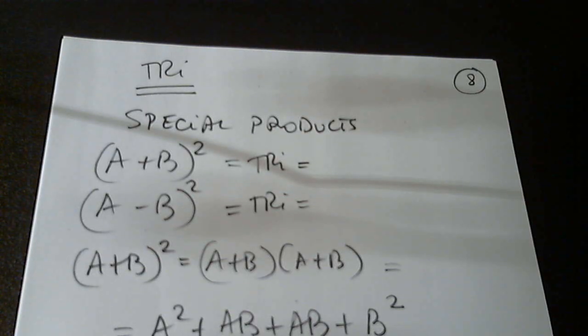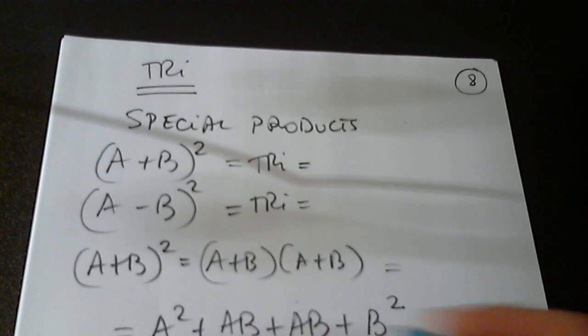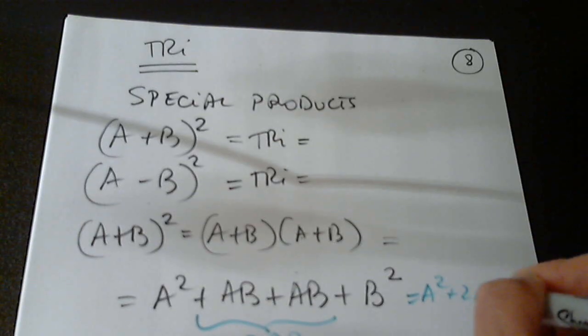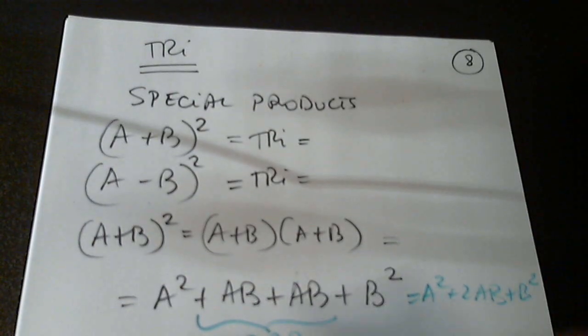So let's take a moment and see if you agree with these steps. First of all, do we agree with this? Yes. Perfect. Now remember, these are like terms, so this will turn into 2ab. So this is a squared plus 2ab plus b squared.